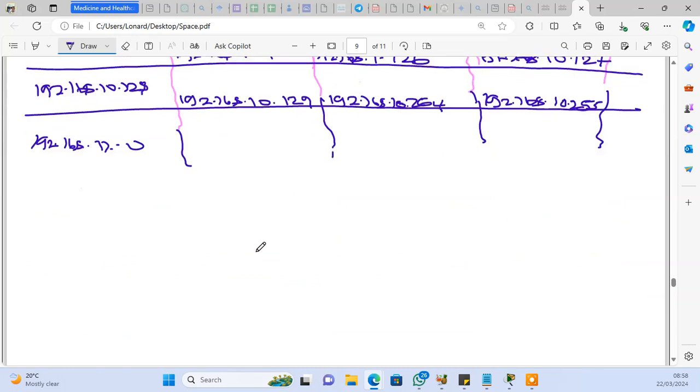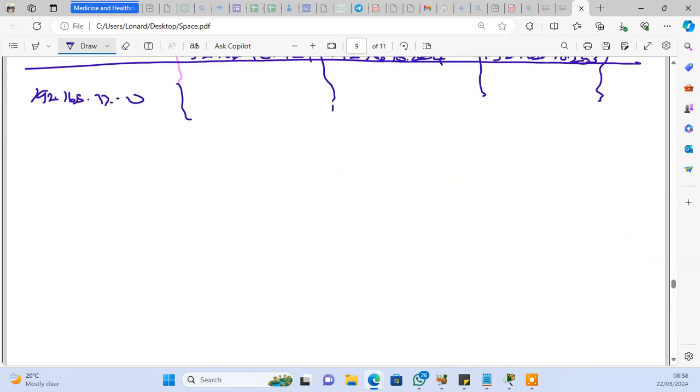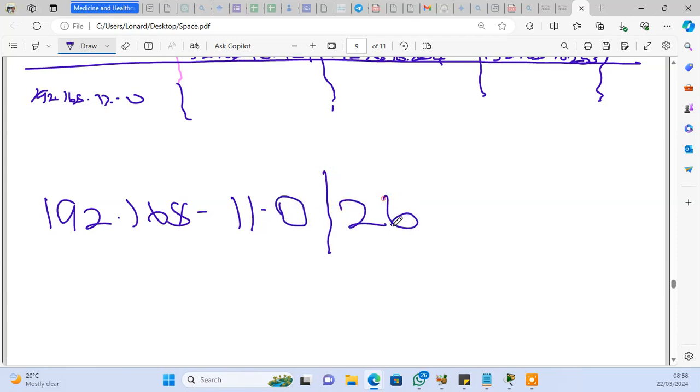So you can try to work out on this: 192.11.0/26. This is the exercise.